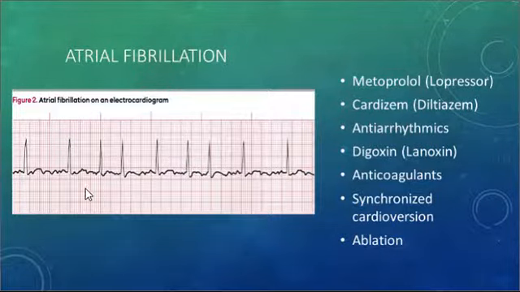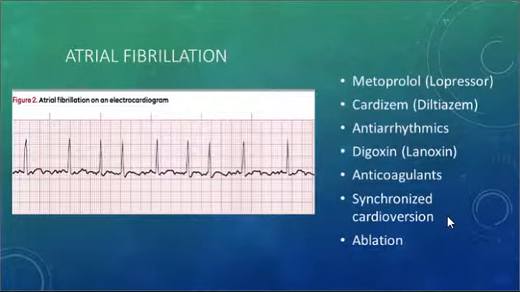Here's a better picture of atrial fib where there's no rhyme or reason to that. Atrium is just quivering, quivering, quivering, and your QRS. So the atrium sends 1 million impulses from all kinds of pacer sites throughout that atrium, and then one gets through and the ventricle contracts. You can tell it's coming from the atrium because your QRS is not wide and bizarre, so this is an above the ventricle rhythm, not a ventricular rhythm.